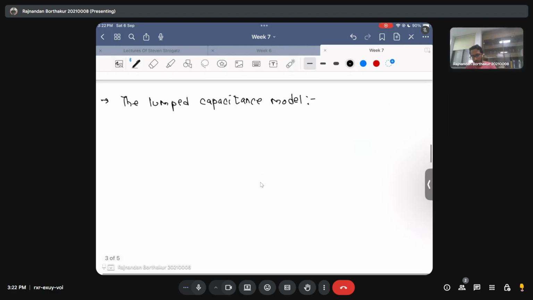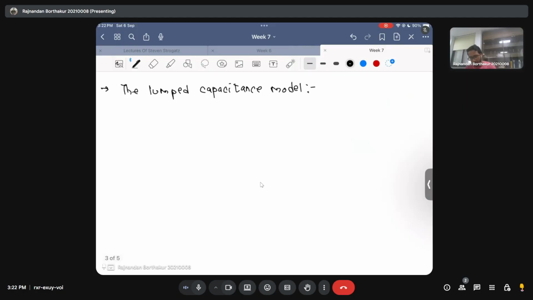So let's again consider the body that I was speaking about. It's a lump body, as I said, having a thermal conductivity, let's say K, and the surrounding fluid in which it is immersed, maybe I will draw it like this.